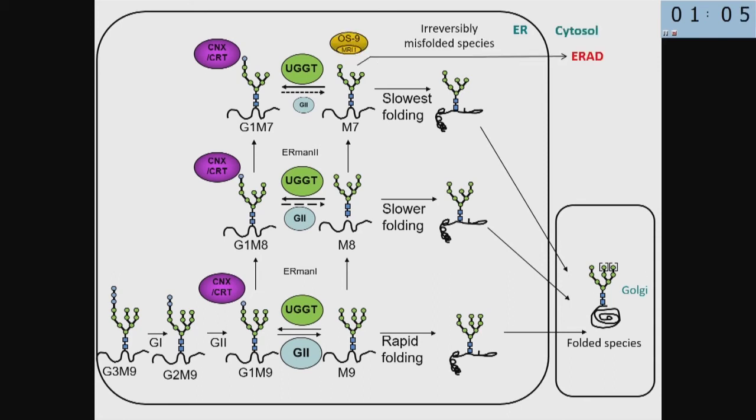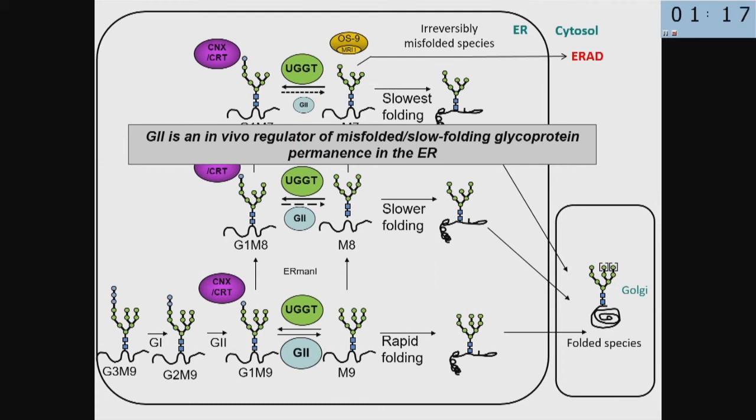The removal of the second mannose residue exposes an alpha-1,6 mannose residue that is especially recognized by a protein called OS9, which also has an MRH domain, and it's part of the protein complex that drives the misfolded protein to the cytosol to be degraded by the proteasome.